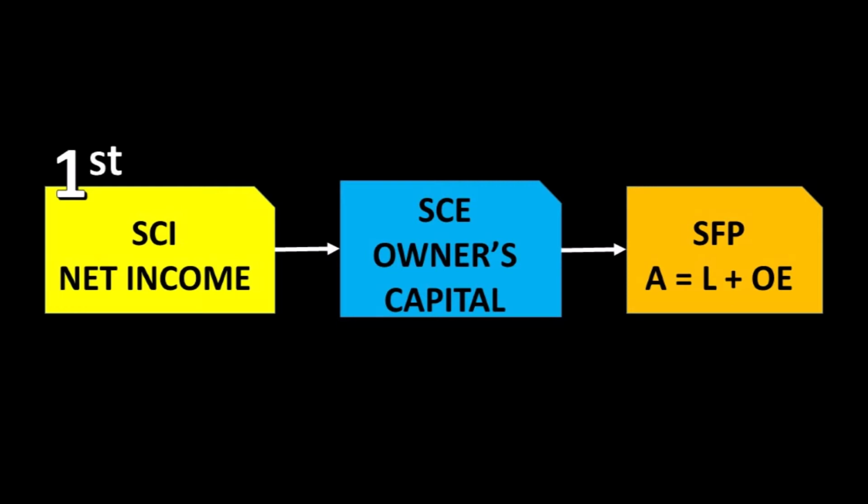Afterwards, the capital balance is transferred to the statement of financial position. If the double entry accounting is implemented correctly, the SFP will be balanced. The statement of financial position will show the total assets equal to the sum of the liabilities and owner's equity.